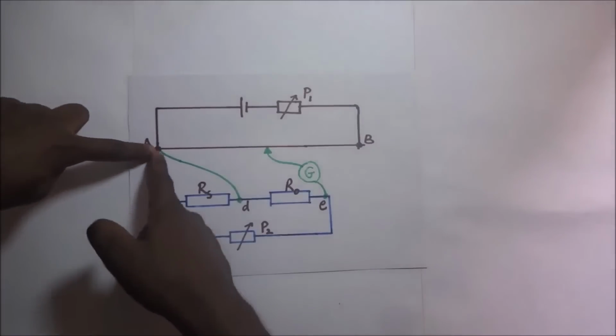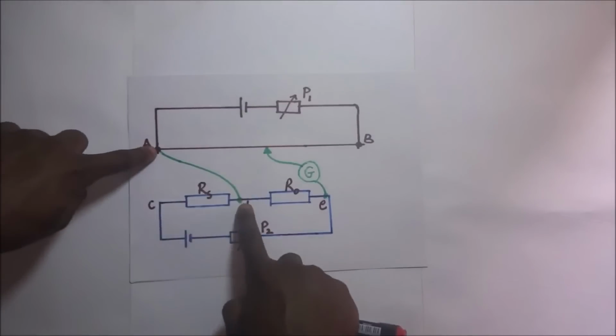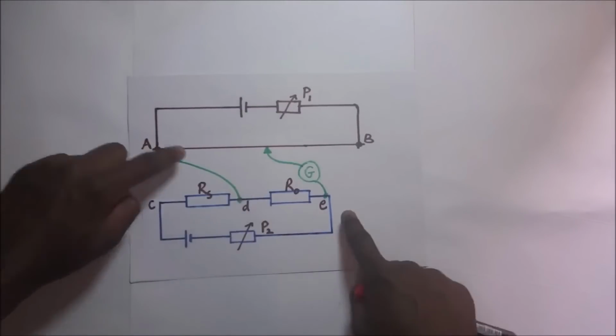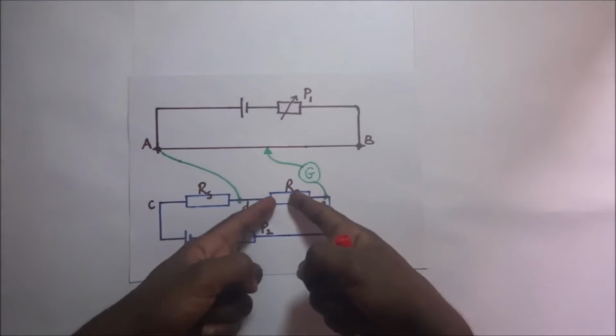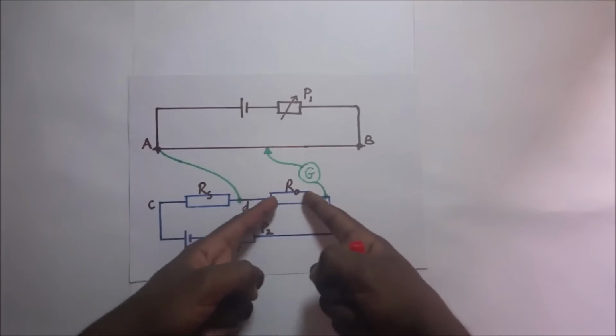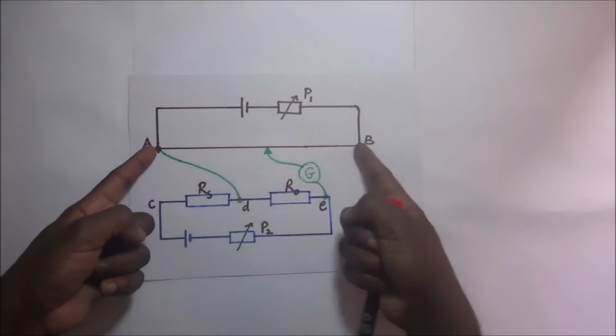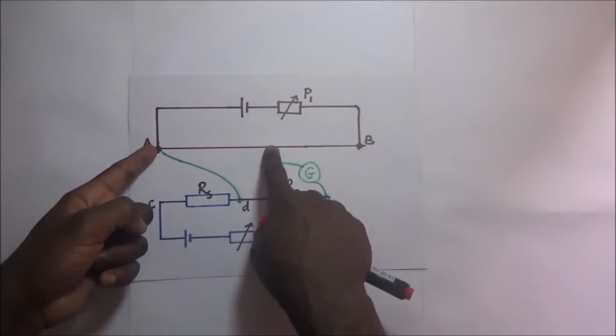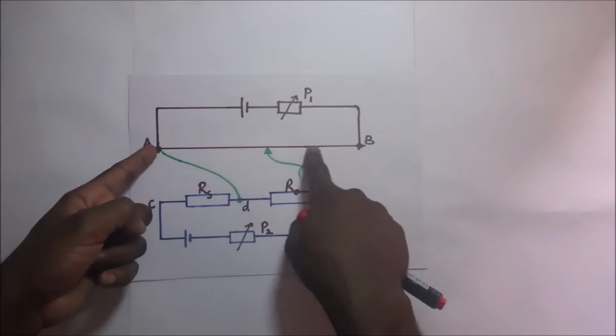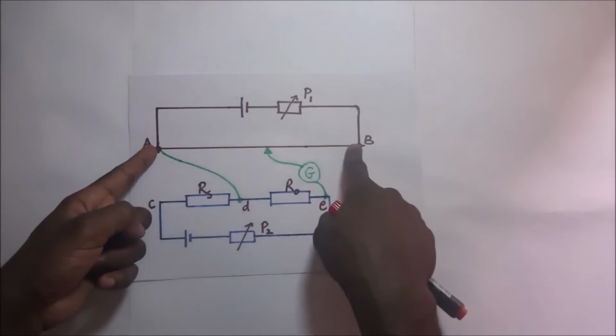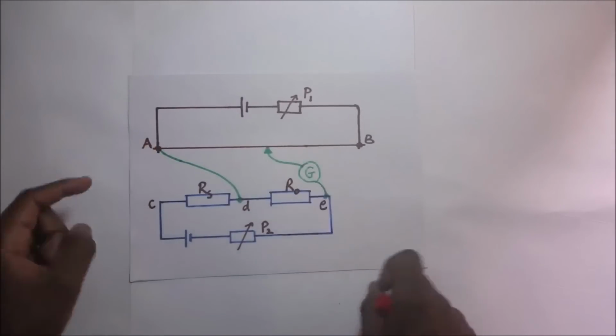We shifted this wire and put it there, connected A to D, and then the galvanometer that was here is connected to point E, so that the potential difference across this resistor, whose resistance we do not know, is balanced against the slide wire. And of course we move our slide jockey along that wire. We tap it on different portions along that wire up to a point whereby the galvanometer shows no deflection.